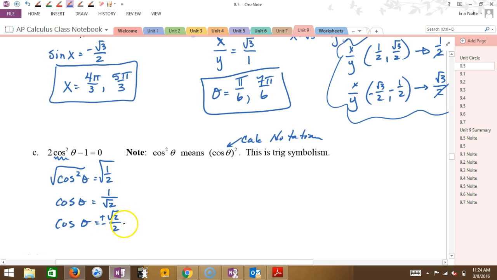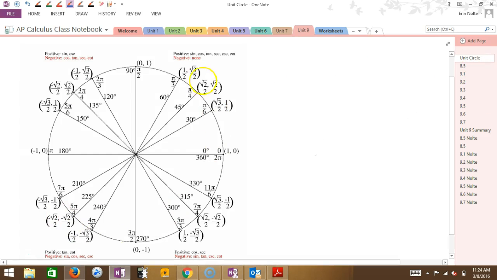Okay, so now I grab my unit circle. I'm thinking about the cosine, so I'm looking for x values that are either a positive or a negative square root of 2 over 2. Okay, there are 4 spots. So the x value is the square root of 2 over 2 at pi over 4. We're looking at 3 pi over 4, 5 pi over 4, and 7 pi over 4.